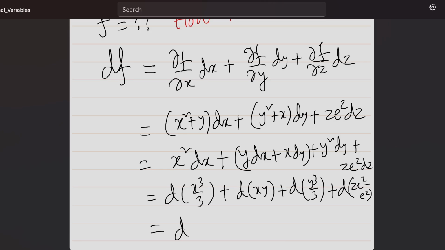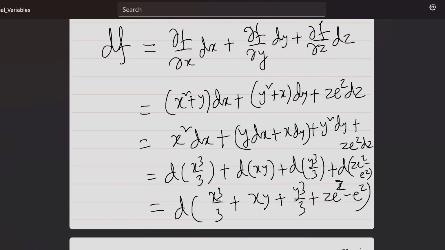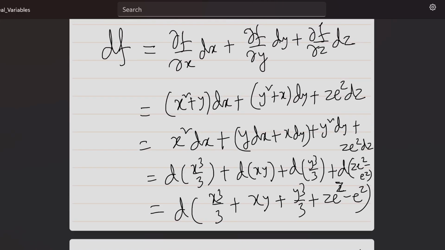So it is d of x cubed by 3 plus xy plus y cubed by 3 plus z e power z minus e power z. Is this line correct? The left hand side is df, correct?